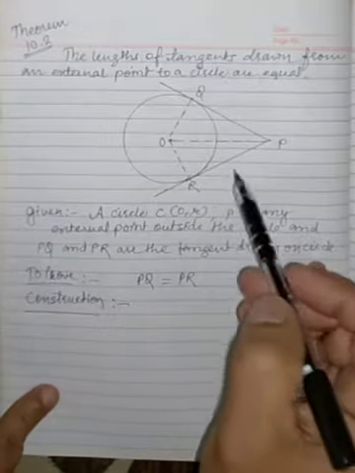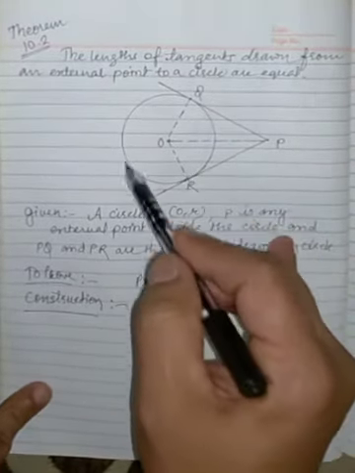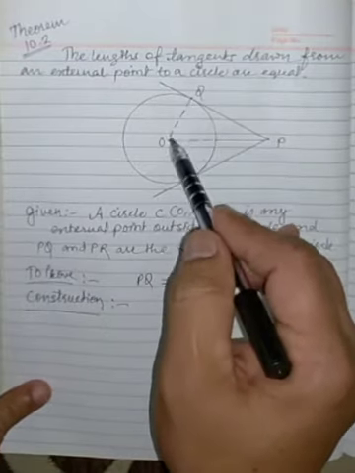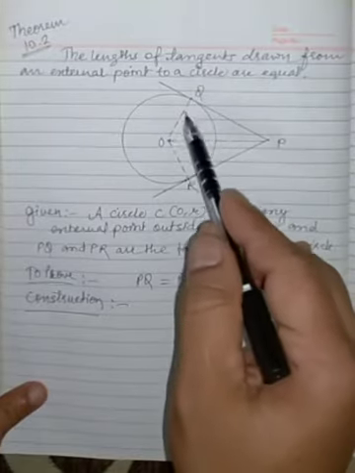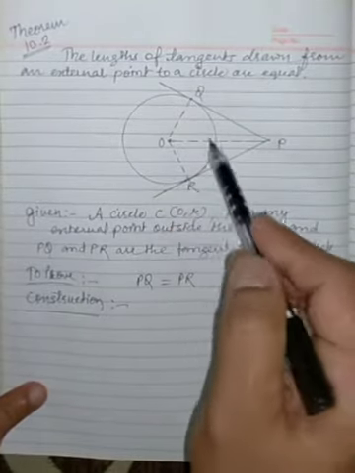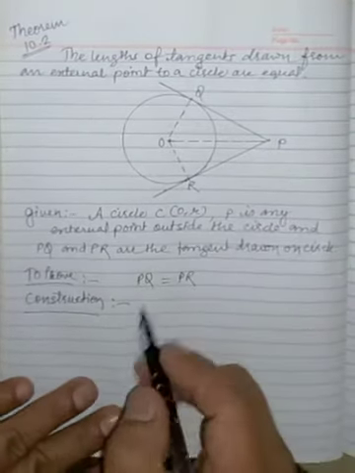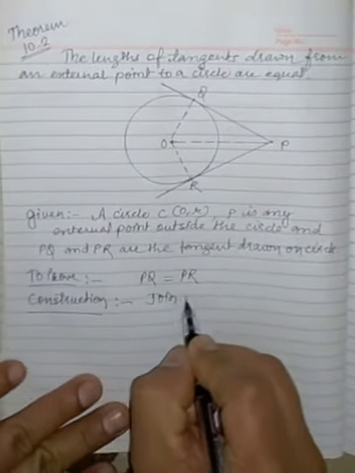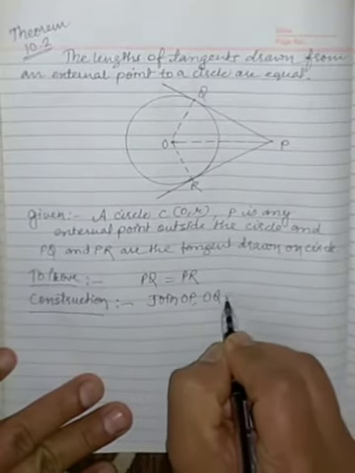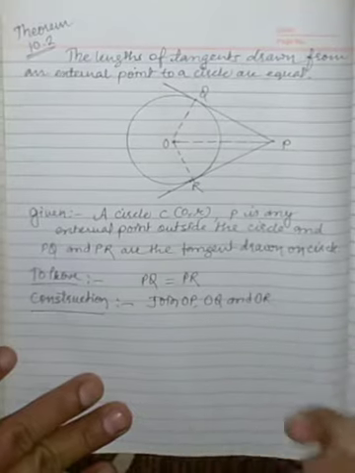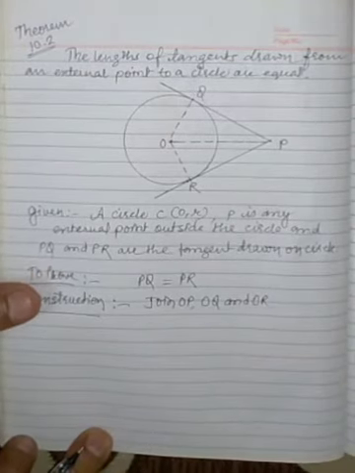You can see, children, that any construction or any other thing which we are doing other than the main figure is done with dotted lines. This indicates that this is the construction, not part of the main question, done to prove this theorem. Okay? Join OP, OQ and OR. Okay?